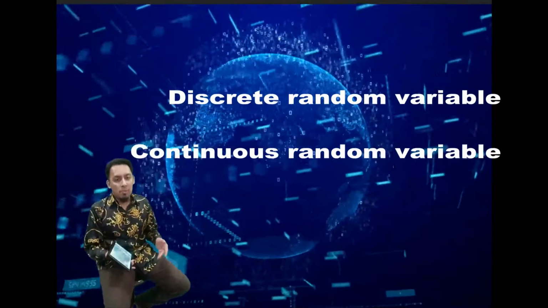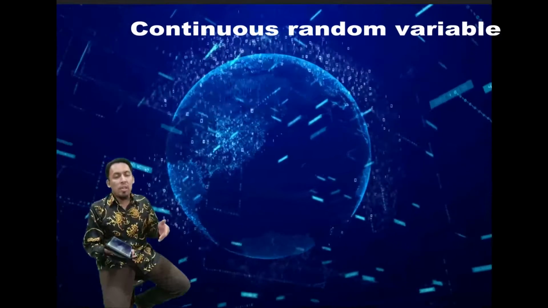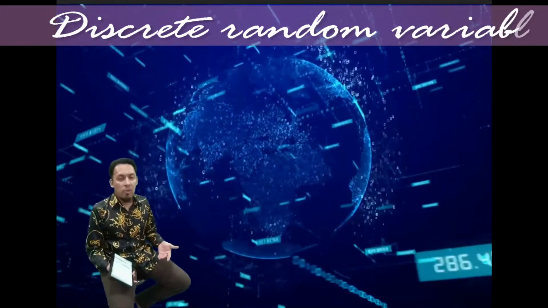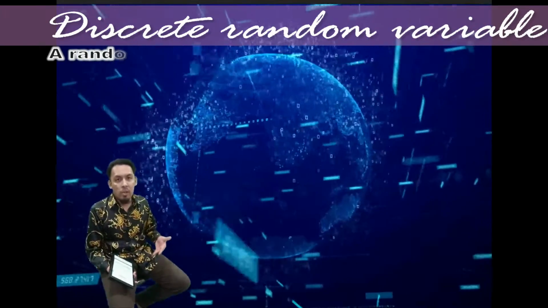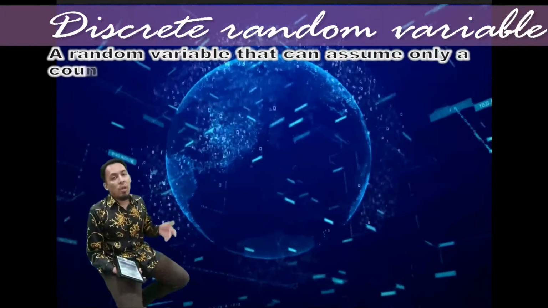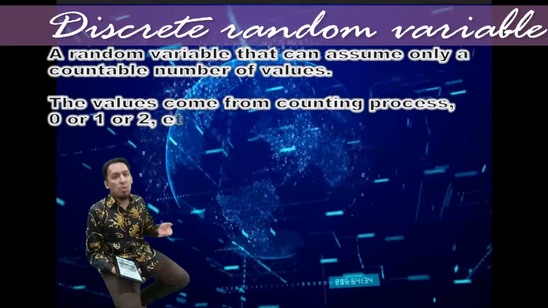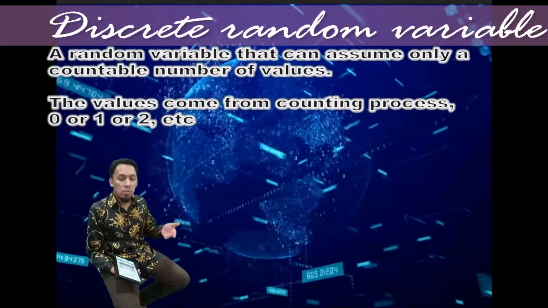These two names are actually based on the data that they have. So we have discrete and continuous data. For discrete data, when we have a random variable, it is a discrete random variable. Basically, it is a random variable that can assume only a countable number of values, which is 0, 1, 2, and so on.